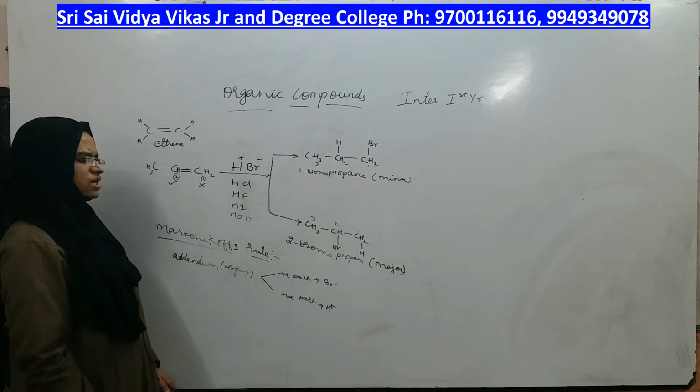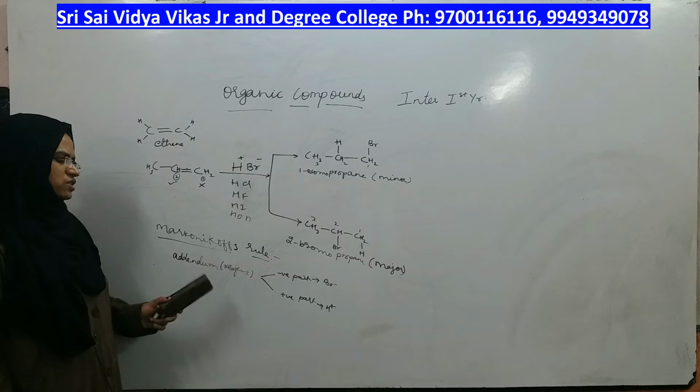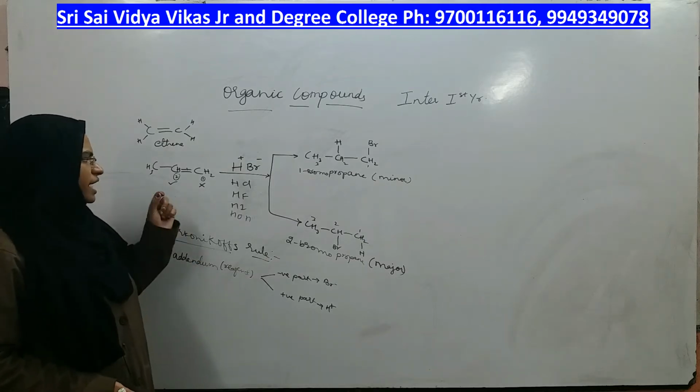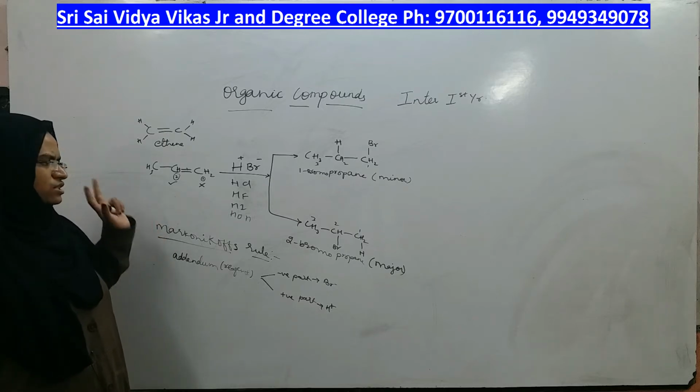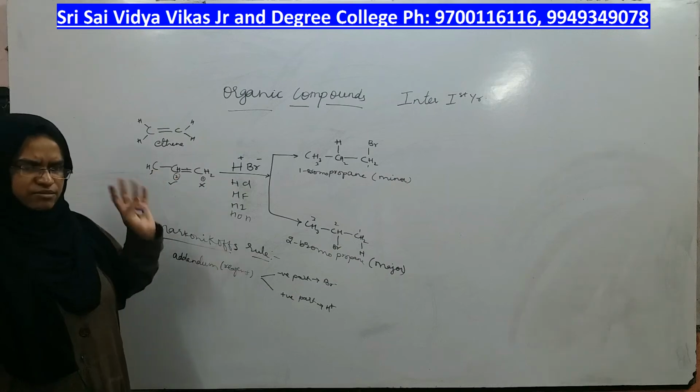That rule is called Markovnikov's rule, which is very important for addition reactions of alkenes, right? Alkenes follow Markovnikov's rule whenever you add any unsymmetrical reagent.